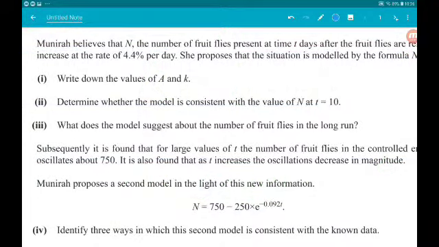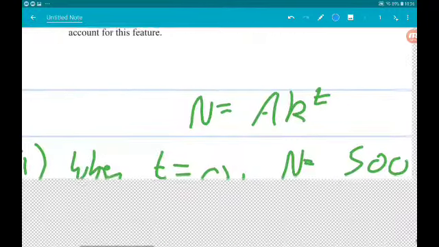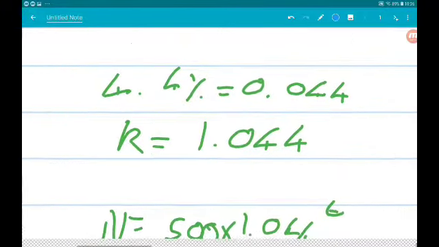Part 2 wants us to determine whether the model is consistent with the value of n when t is equal to 10. So, we know when t is equal to 10, n is 650.